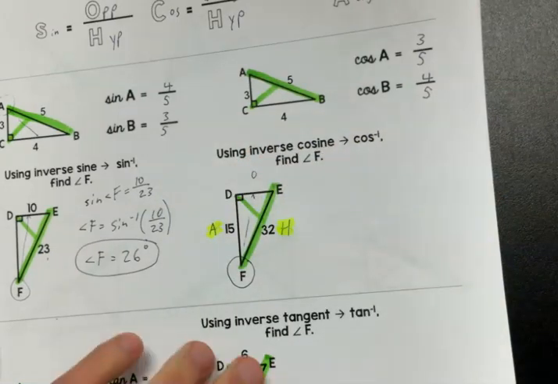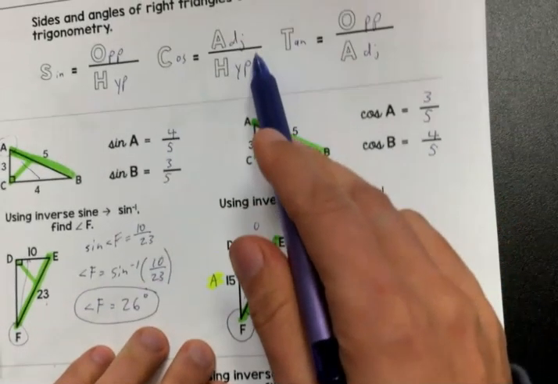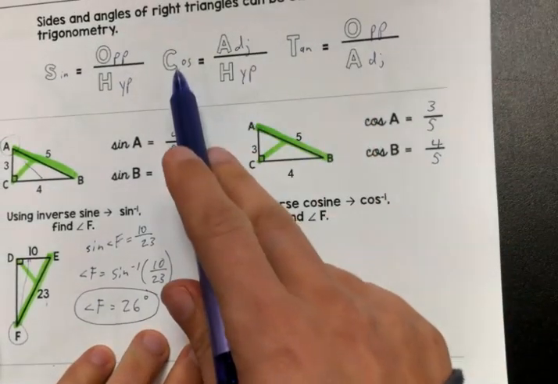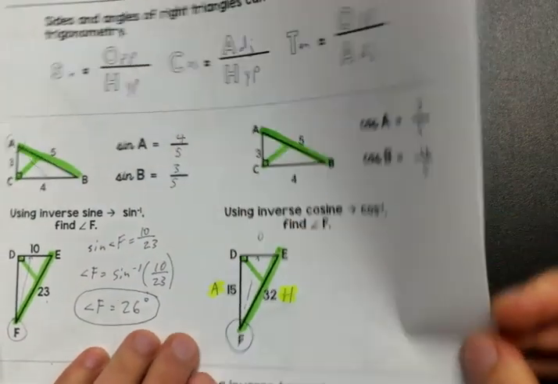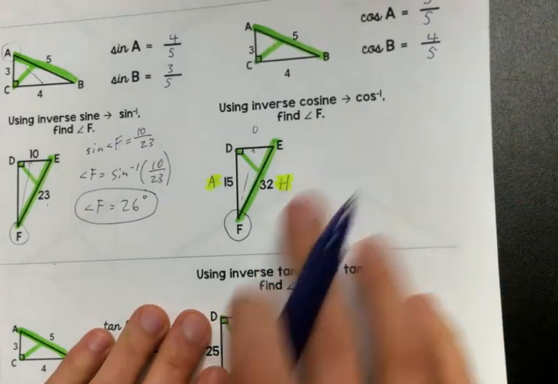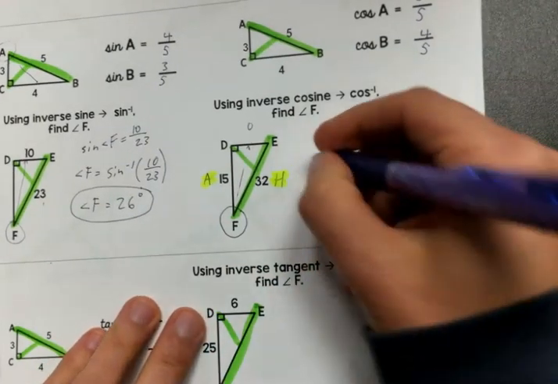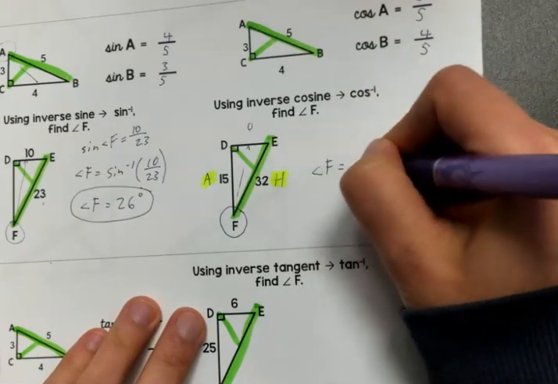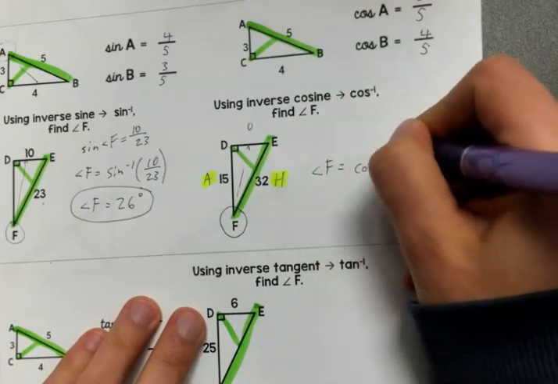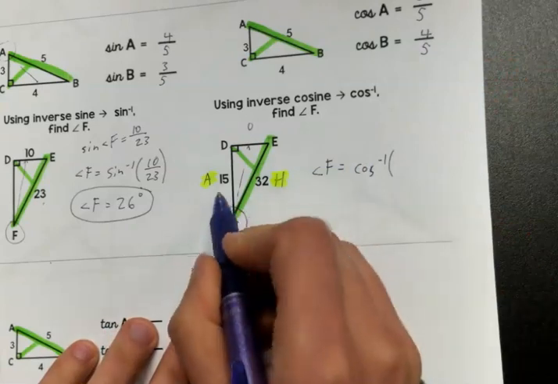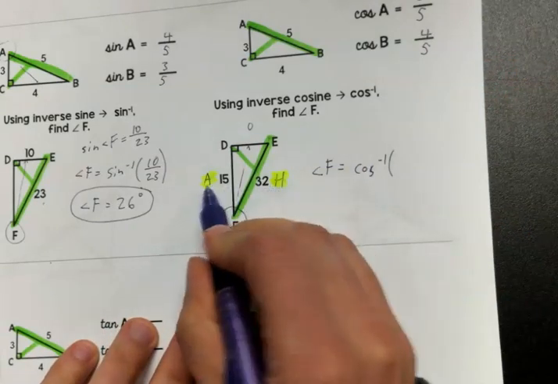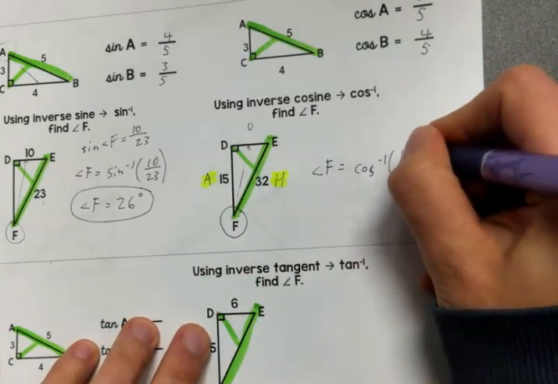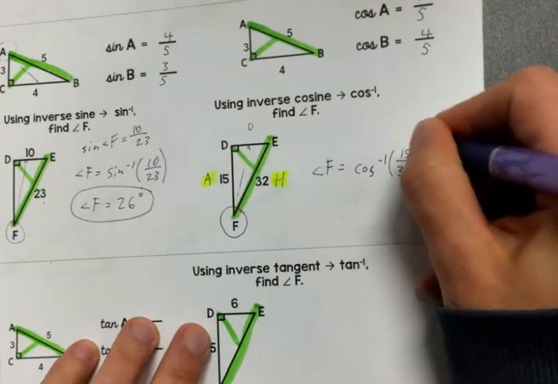Where do I see hypotenuse and adjacent together? I see those together with cosine. That's why we're using inverse cosine to find angle F. So angle F is equal to inverse cosine of adjacent over hypotenuse, so 15 over 32.